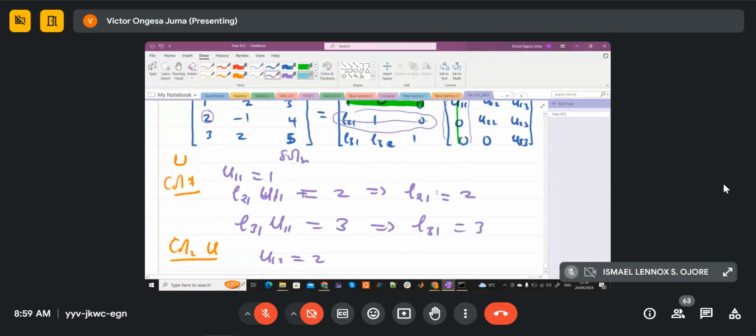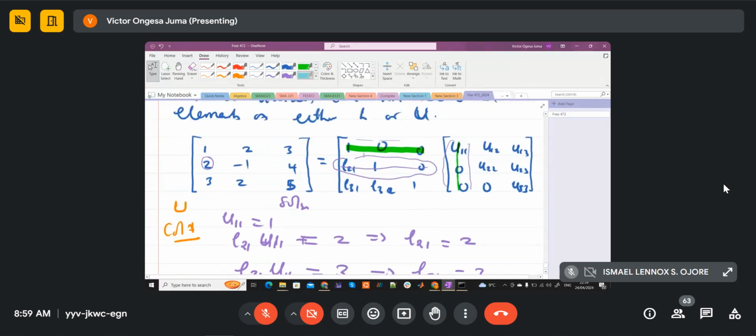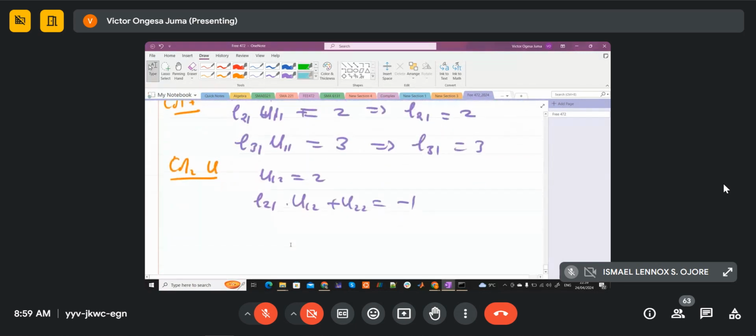But you remember you have L21 and you have U11, so you don't struggle because you have these values. And then I can say that U22 is the same as -1 minus this product. L21 is 2 multiplied by U12 is 2, which will give us 5. I think, no, it's not 5. So it's -5.